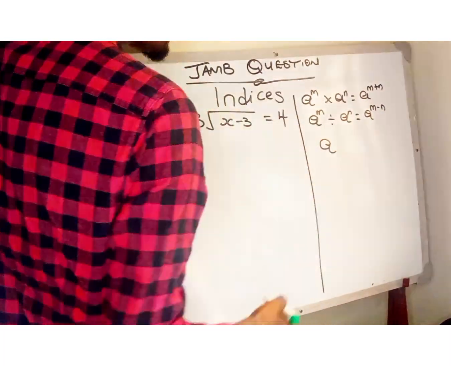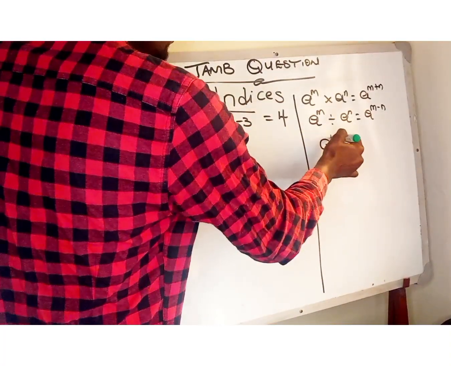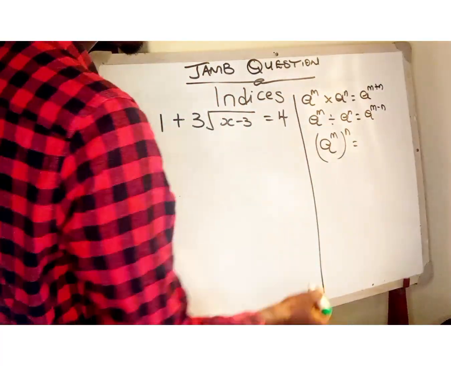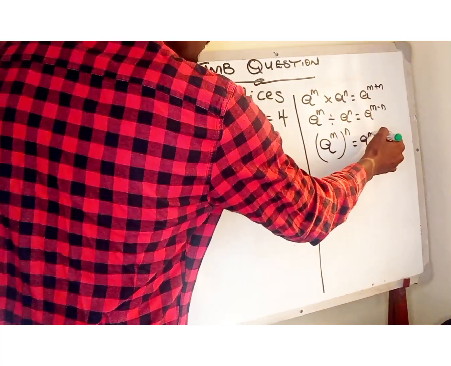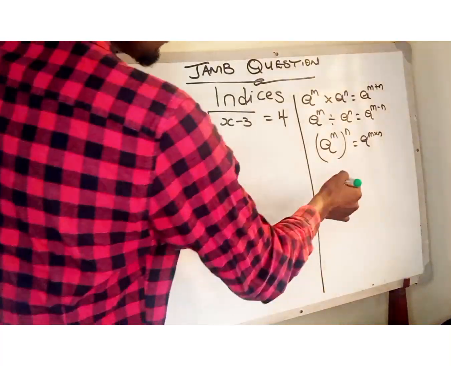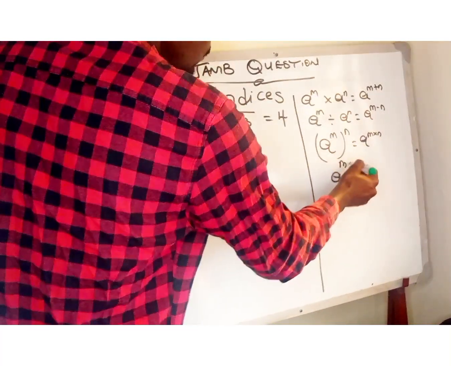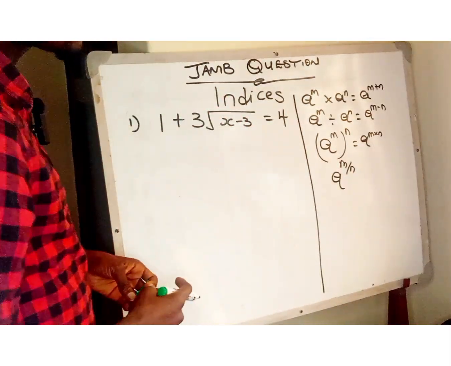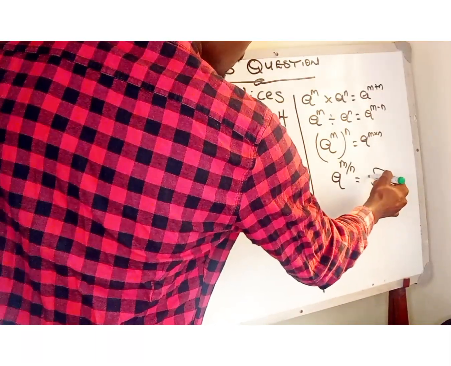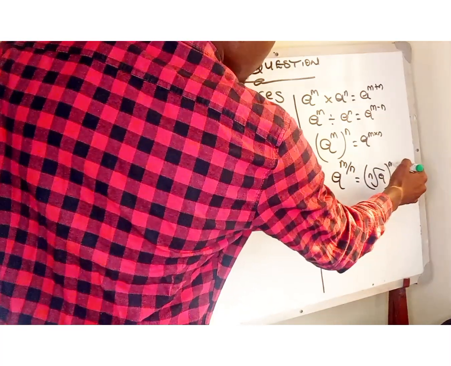Another law of indices you should know is that if you have a raised to power m and then raised to power n like this, you have to multiply. It will be a raised to power mn. Also, if you have a fraction as your power, a raised to power m over n, it will become the nth root of a raised to power m.